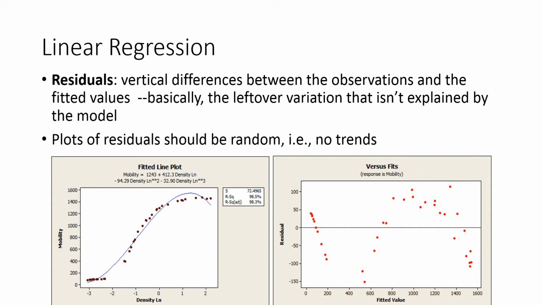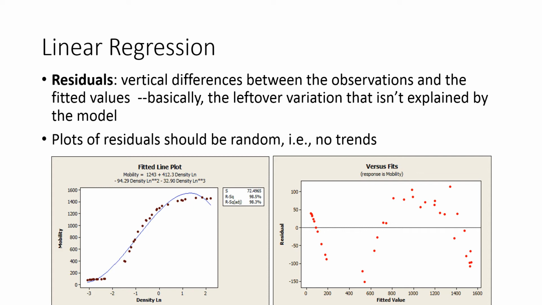In this case, it's the vertical differences between the observations and our fitted values. If your residuals have some trends to them, that means your data isn't fitting very well. You generally want your residual data to basically be noise, just random.